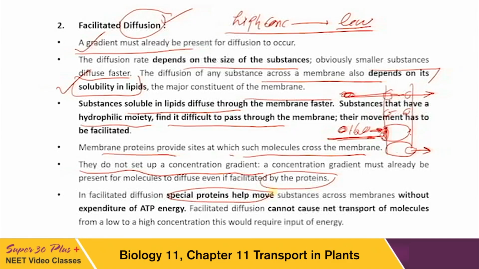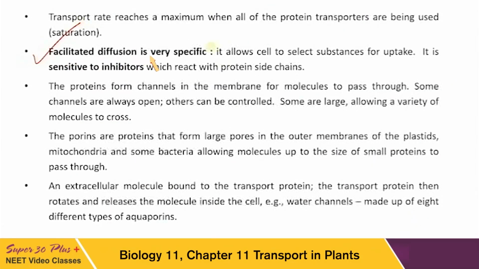Therefore no expenditure of ATP energy will be there. It cannot cause net transport of molecules from low to high concentration, because this is important: the concentration gradient is to be established, and molecules have to move from high concentration to low concentration. Facilitated diffusion is very specific, important.